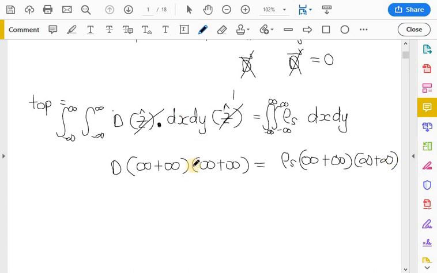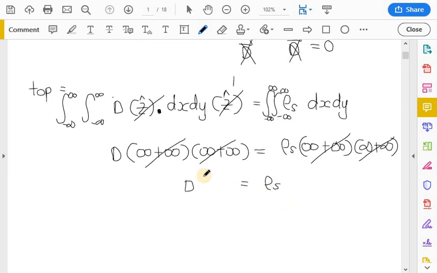Right, am I right? So here I will cancel out the things. Each are the same infinity, we don't know the value. So your D is equivalent to rho s. Is it correct? Yes. Now you can specify its direction is the positive z direction.